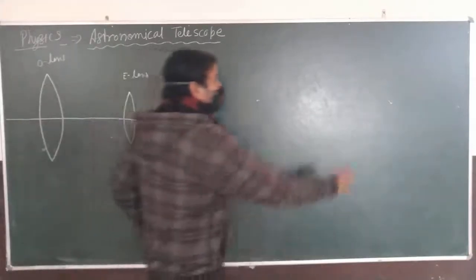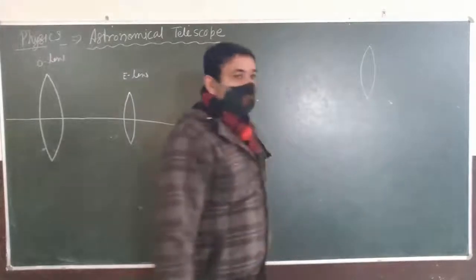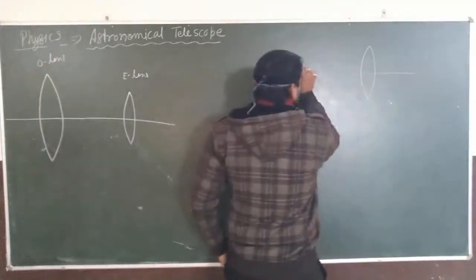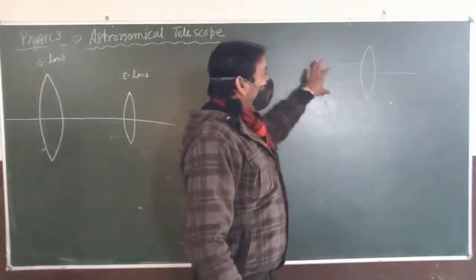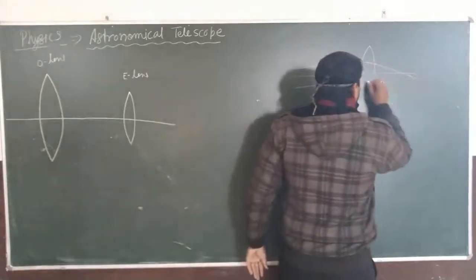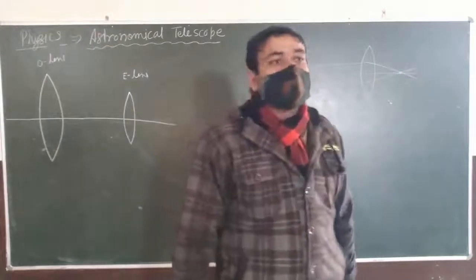Here I will give you an idea: if two or many rays are traveling parallel to the principal axis of the lens, after refraction they intersect each other at the point of focus.